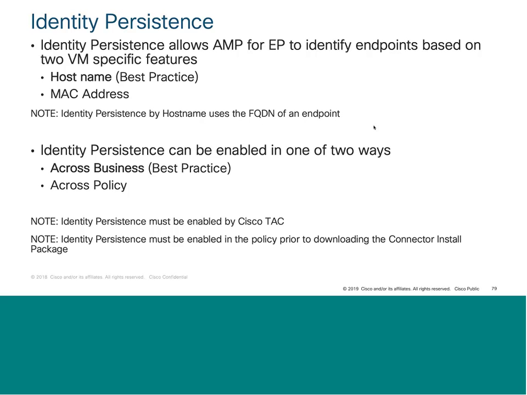The reason for this is that when you map based on just policy, anytime a connector is moved in or out of that policy, you will get a duplicate record created. Additionally, if you have a connector call home and it falls into a default group and it's a VM, then that will create another duplicate. So by business or by hostname across policy is the recommended configuration for identity persistence in most environments.